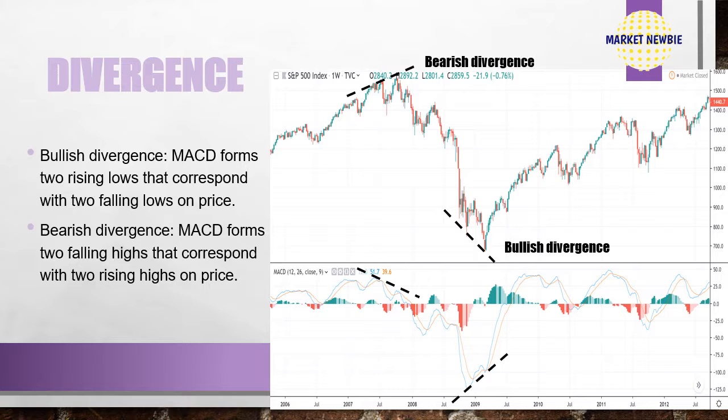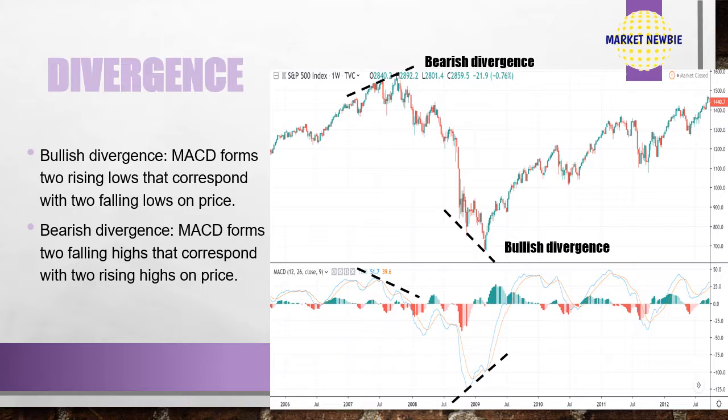Many traders use bullish divergence to buy and bearish divergence to sell. They sometimes find themselves making big profits, and sometimes they don't. So they blame that MACD divergence isn't a very reliable technique.